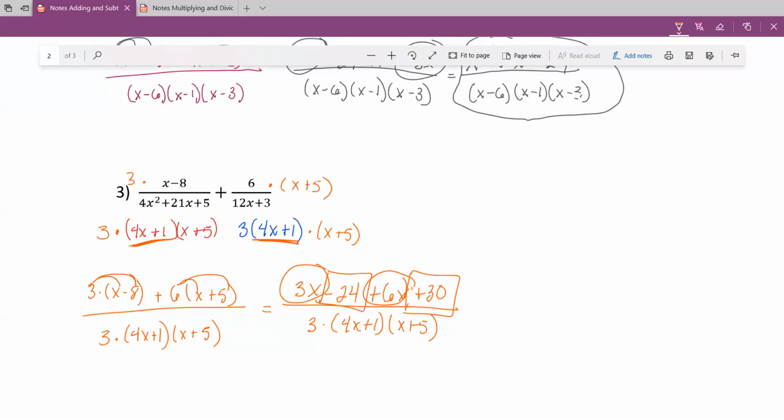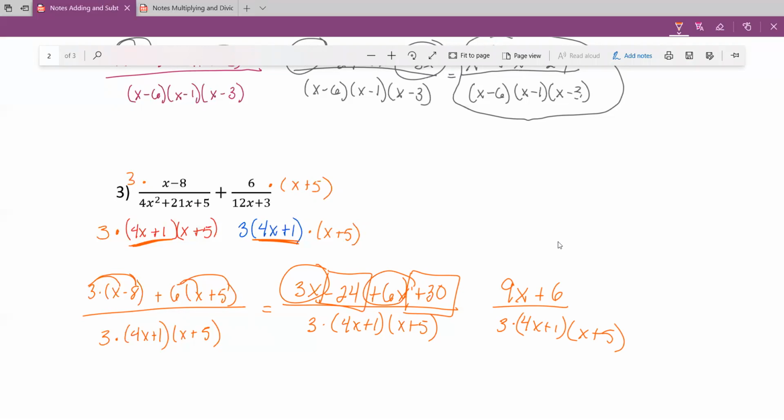So 3x plus 6x gives me 9x. Negative 24 plus 30 gives me a positive 6, over 3 times 4x plus 1 times x plus 5.